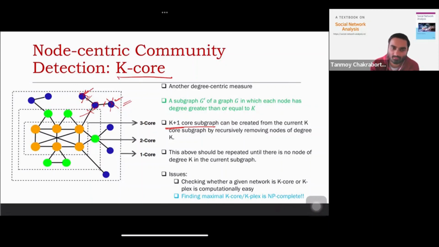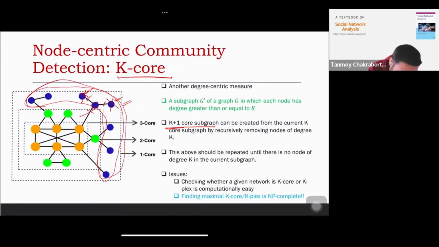To obtain a 1-core graph, you need to recursively remove nodes with degree 0. In order to get a 2-core graph, you need to remove nodes with degree 1, and so on and so forth. If you do that, you see here, all these blue nodes should be removed to obtain a 2-core graph.